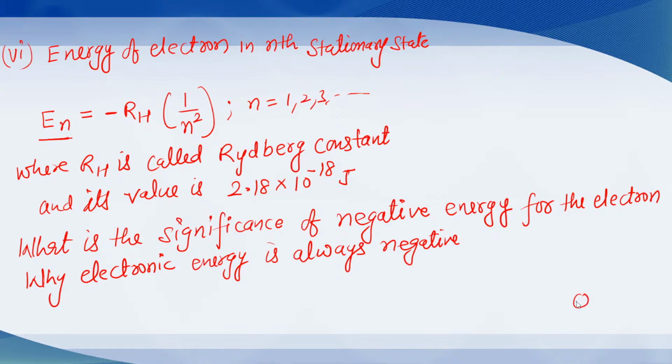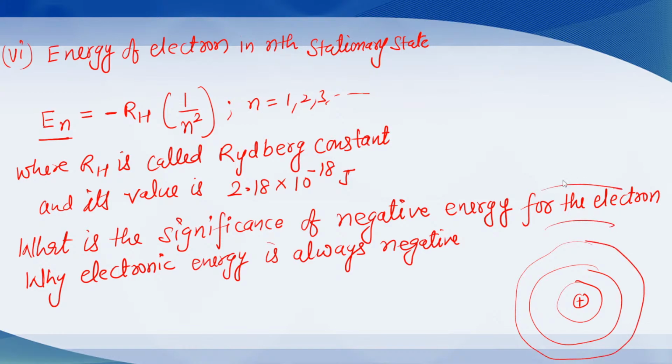Actually, energy of the electron at infinity is taken as zero. What I said, energy of the electron at infinity. Infinity means when it is free from the attraction of the nucleus.